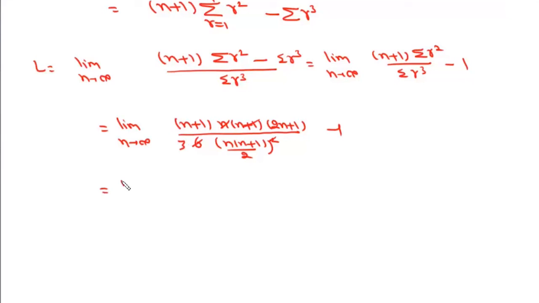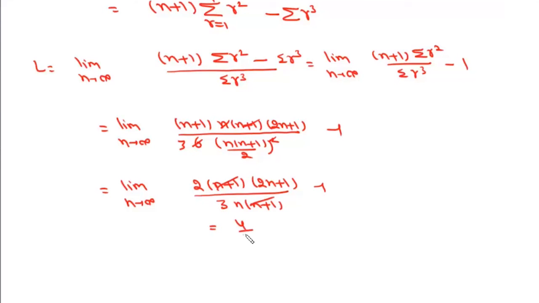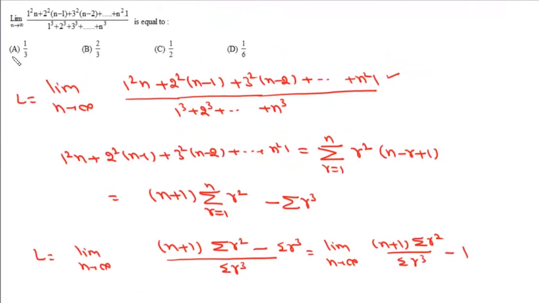So we'll get this as limit n tends to infinite 2 n plus 1 into 2n plus 1 divided by 3 n into n plus 1 minus 1. Now this n plus 1 will also cancel. So answer to this question will be 4 upon 3 minus 1, which is 1 by 3. And that's your option A.